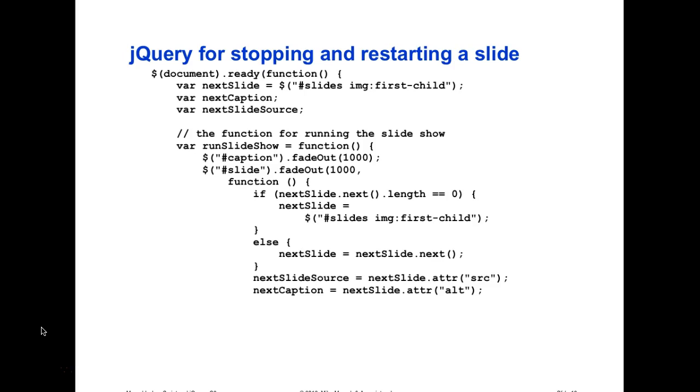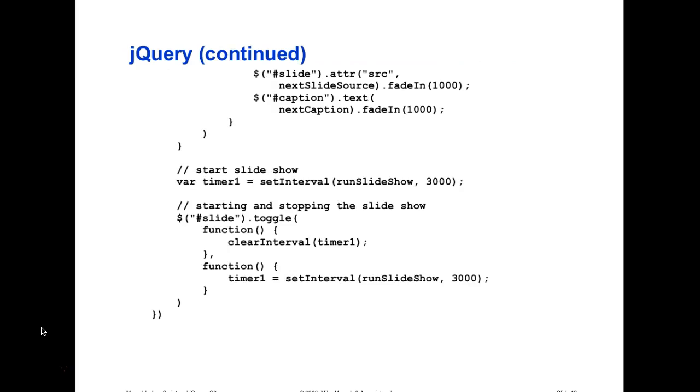We've got the same code as before, and we're running the slideshow as we would normally. We've got the fadeout 1000, fadeout 1000, and then again the same block of code with the examination of the length of the siblings to see if there are any more, and making it first child if there aren't. Otherwise, going to the next slide. And then once again grabbing the source and the caption and then fading them in.